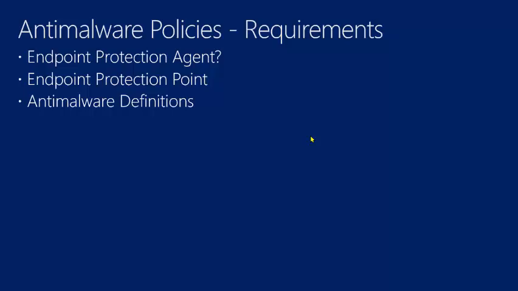Let me clarify that statement a bit. The endpoint protection agent is present on Windows 10, and Server 2016 forward, and so on, right? When you install the Configuration Manager client, part of that install would be to install the endpoint protection agent.